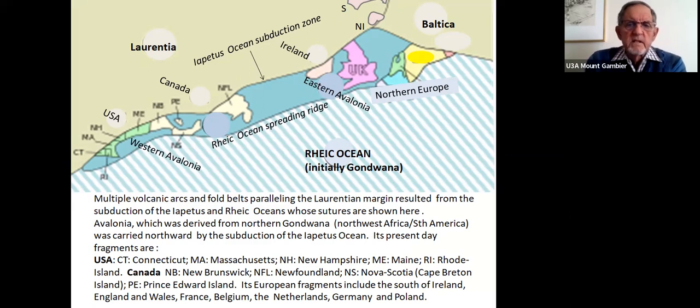But if we think of that block of Avalonia that crossed the Rheic Ocean, or was carried north and finally pushed against Baltica and against Laurentia, that's against North America mainly. We can start from the bottom left. I won't go into great detail, but Connecticut, I think, is really the CT right at 9 o'clock.